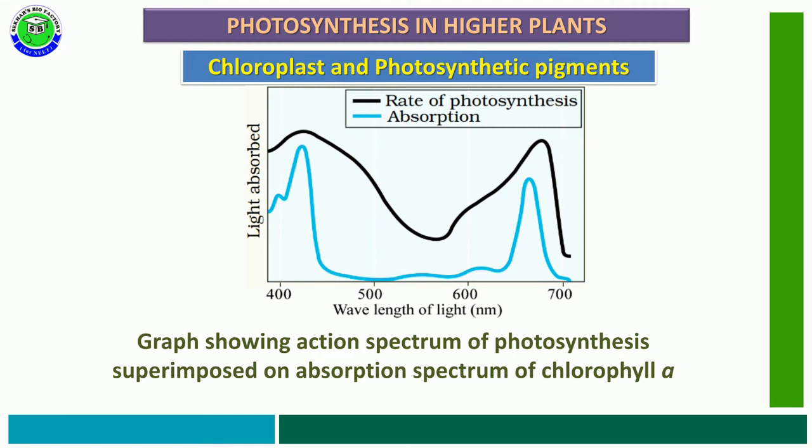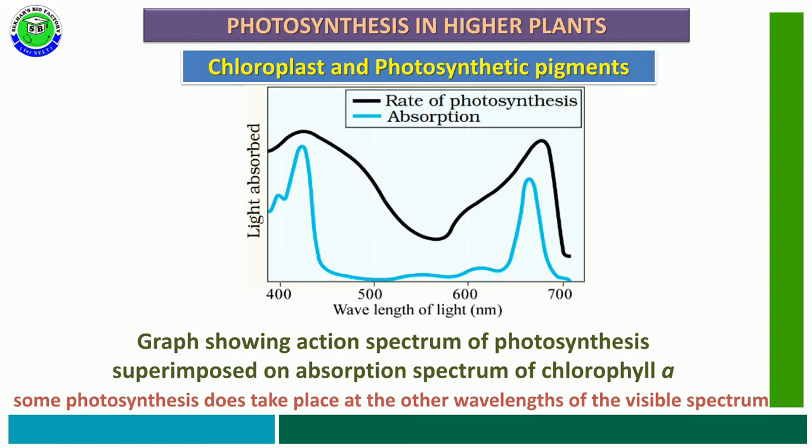And this graph shows the action spectrum of photosynthesis superimposed on the absorption spectrum of chlorophyll A pigment. The photosynthesis rate does not occur at specific places other than these wavelengths in the visible spectrum.